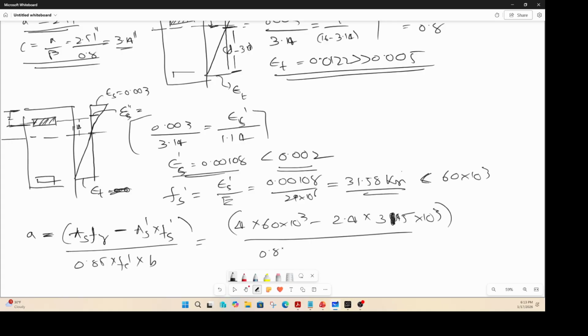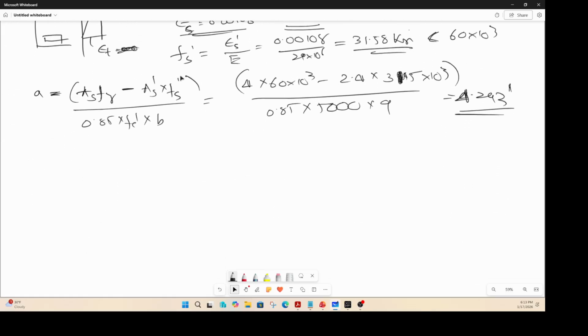Divided by 0.85 times 5000, Fc prime, times b. This is 4.293 inches.